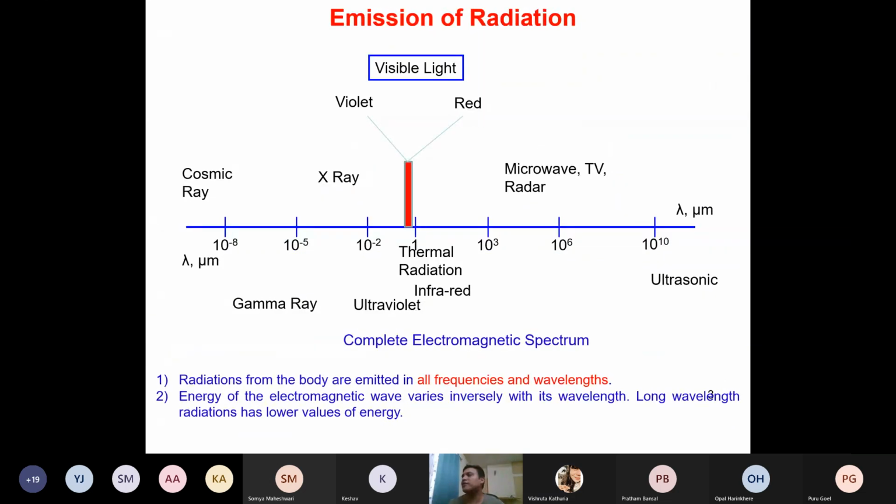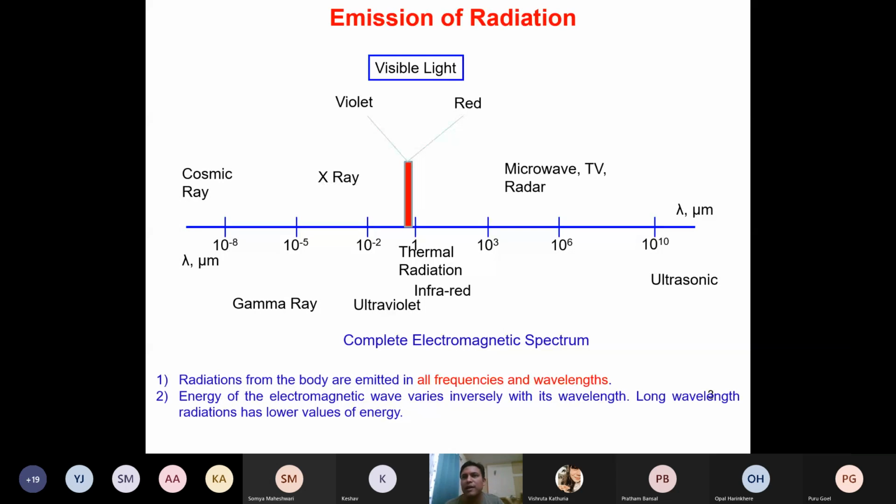Okay, so this is a very important point to look at. If you look at radiation, a body emits radiation in all frequencies and wavelengths. The wavelengths vary from 0 to infinity. All bodies emit radiation between the wavelength 0 to infinity. But why are some electromagnetic radiations visible and some not visible?